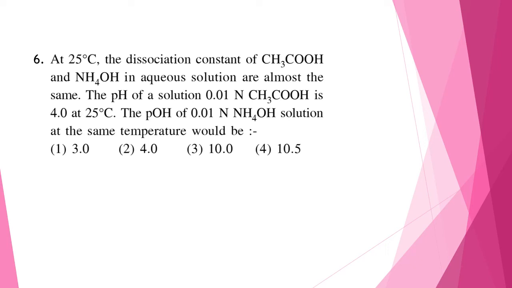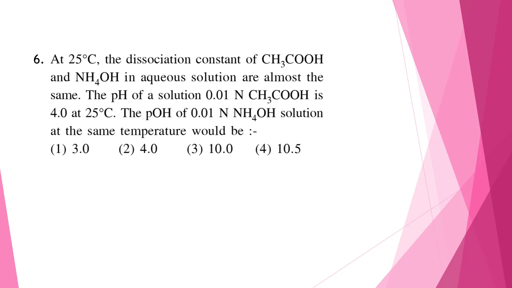Question 6. At 25 degrees Celsius, the dissociation constant of CH3COOH and NH4OH in aqueous solution are almost the same. The pH of a solution 0.01 normal CH3COOH is 4 at 25 degrees. The pOH of 0.01 normal NH4OH solution at the same temperature would be.